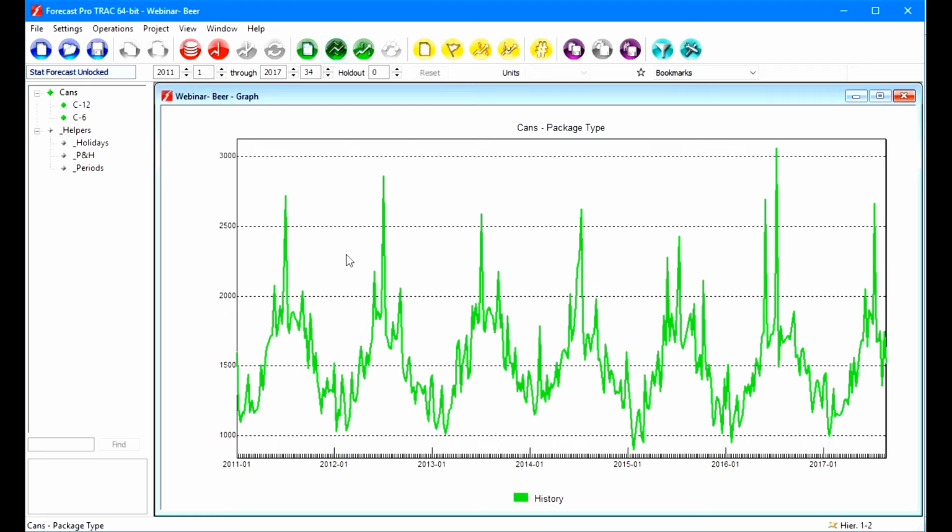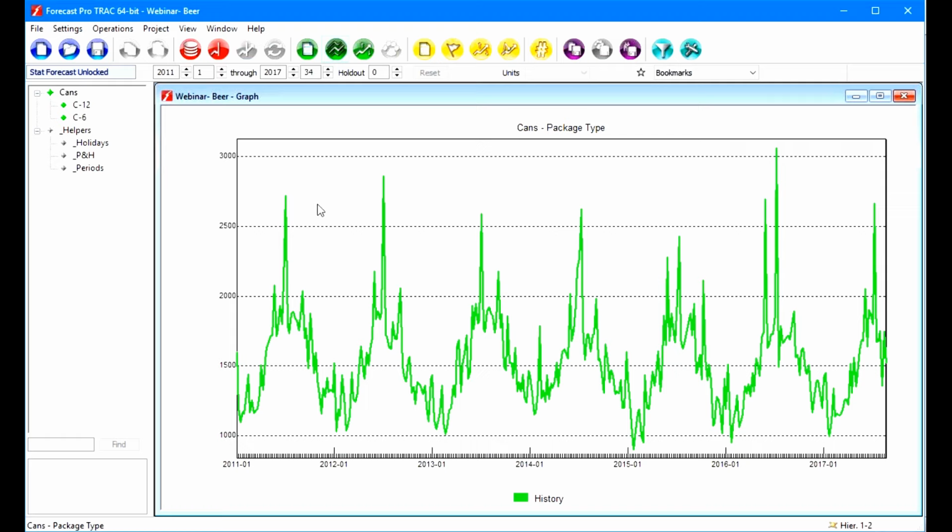During these long holiday weekends, people have a lot of cookouts and they drink a lot of beer. But this is an example of the movable holiday issue. So the 4th of July, while it is in week 27 here, as we move forward, it's actually in week 28. So it's not completely consistent when this holiday week is occurring.